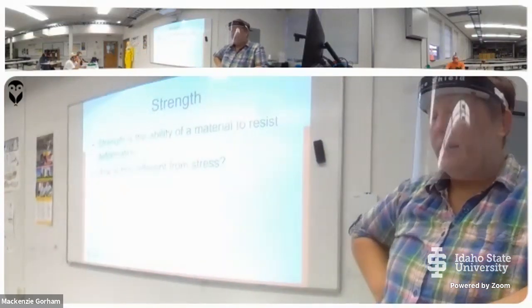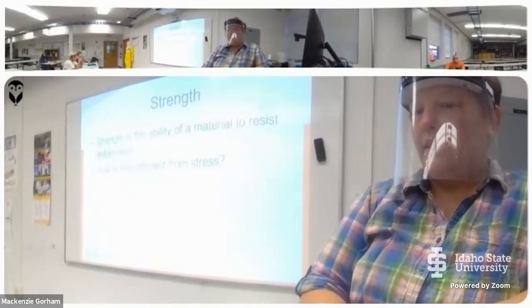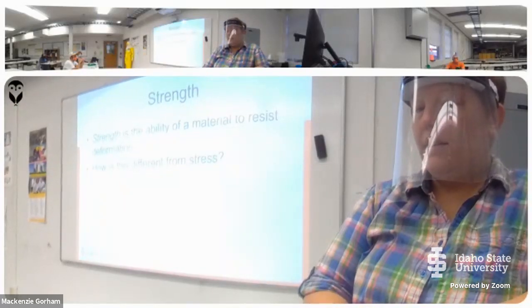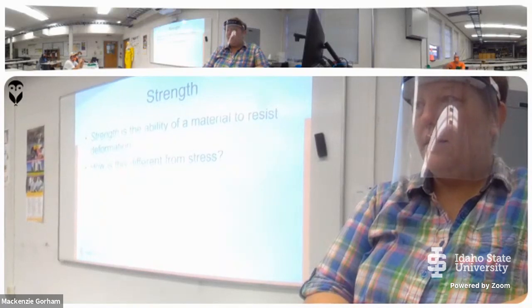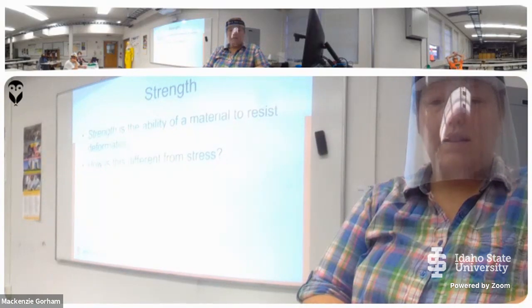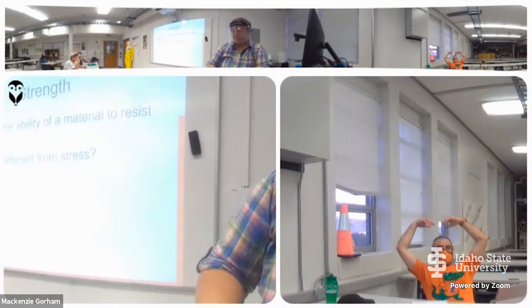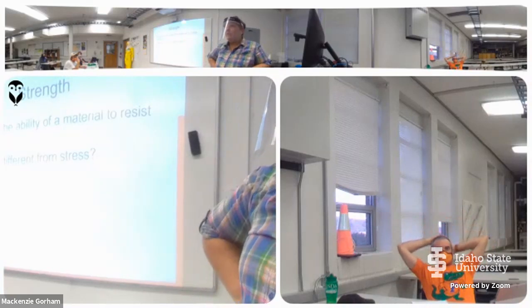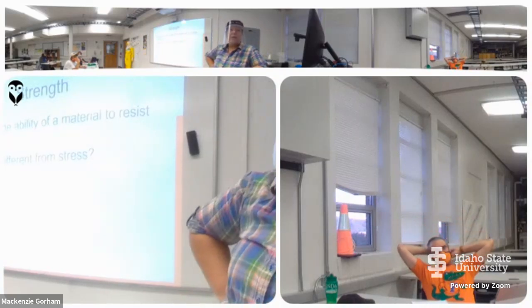Strength is like being able to resist deformation, while stress gets built up. You said all metals deform, no matter how light the load or how strong the metal, something happens? Yep, there is at least some deformation regardless of the load.